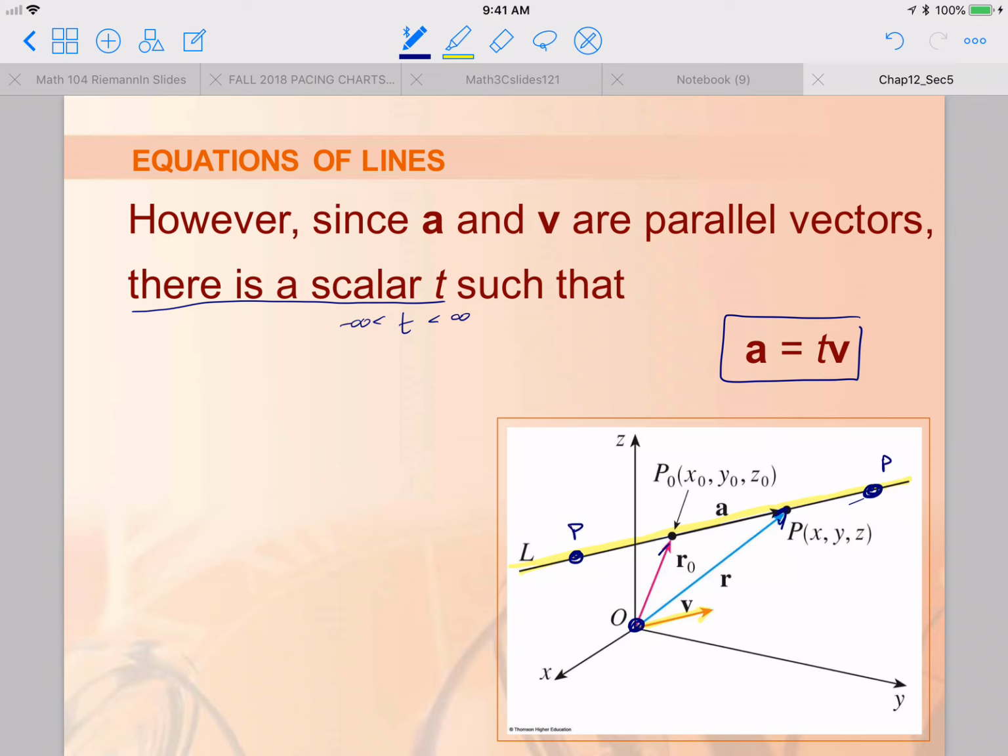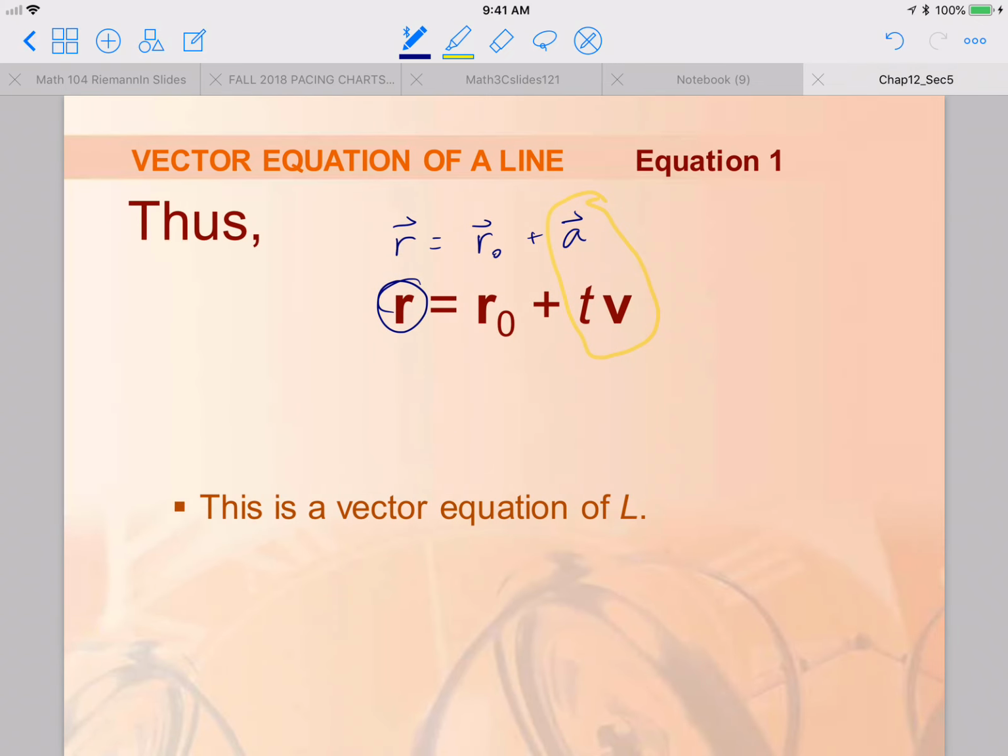R naught is the position vector of that specific point P naught, and V is the direction of our line. Okay, so these are the equations you want to make sure that you have. As you write this down, this is a big deal here.